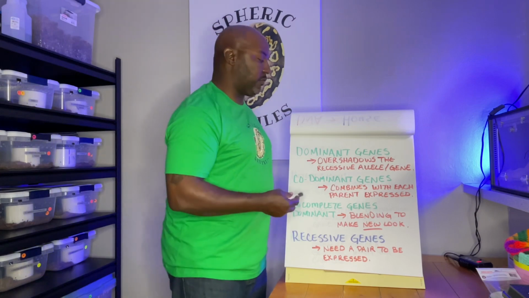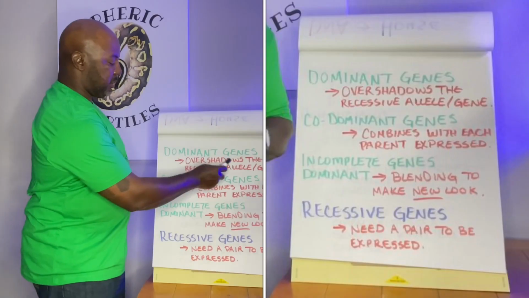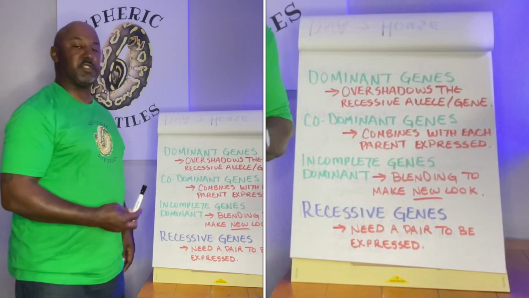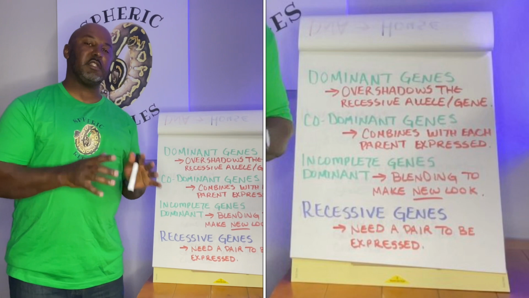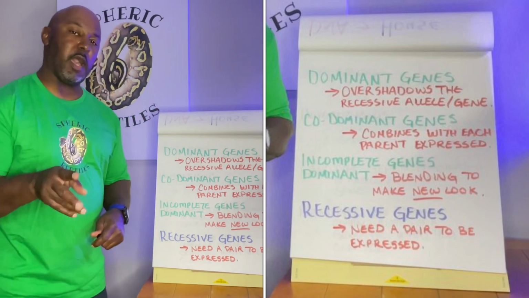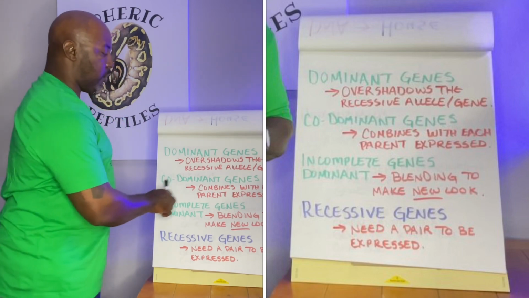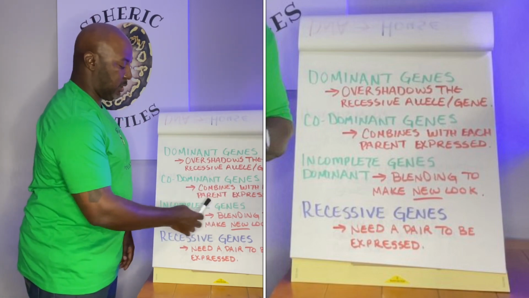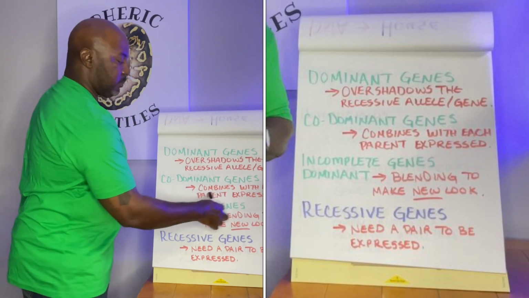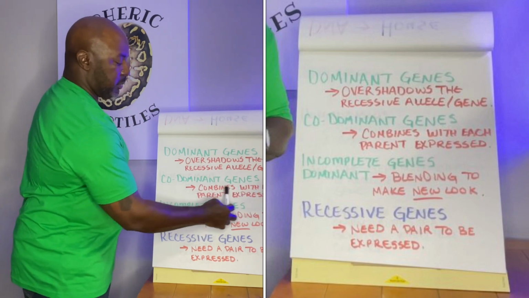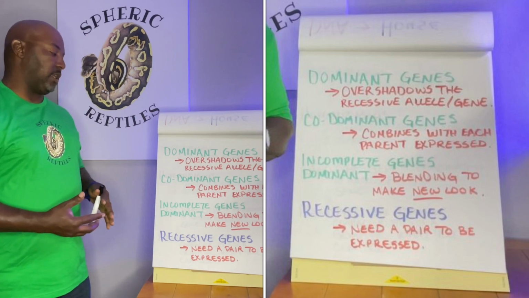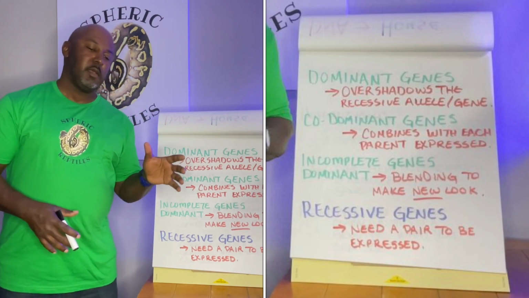The second thing that we'll cover are dominant genes. Dominant genes overshadow the alleles or the genes that are recessive. So every time you see a dominant gene, it's always expressed. Now, you're going to have two different kinds of dominant genes: a codominant gene and an incomplete dominant gene. The best way to remember codominance is that if you combine with each parent, both are expressed.